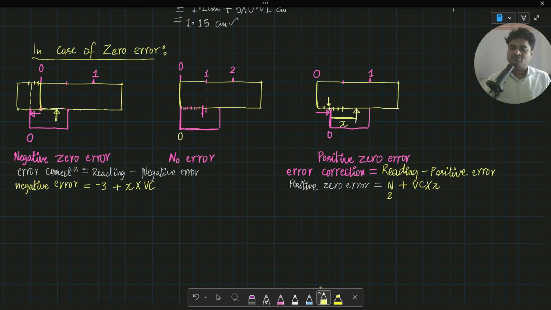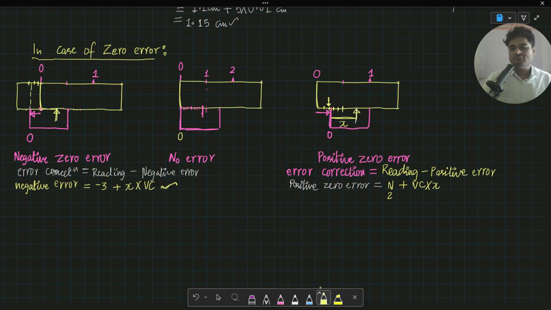You need to be very careful in the case of negative zero error, because there is an advanced question on this concept, and in most of the books I have seen it is given wrongly. In positive zero error we hardly make mistakes, so that is not an issue.